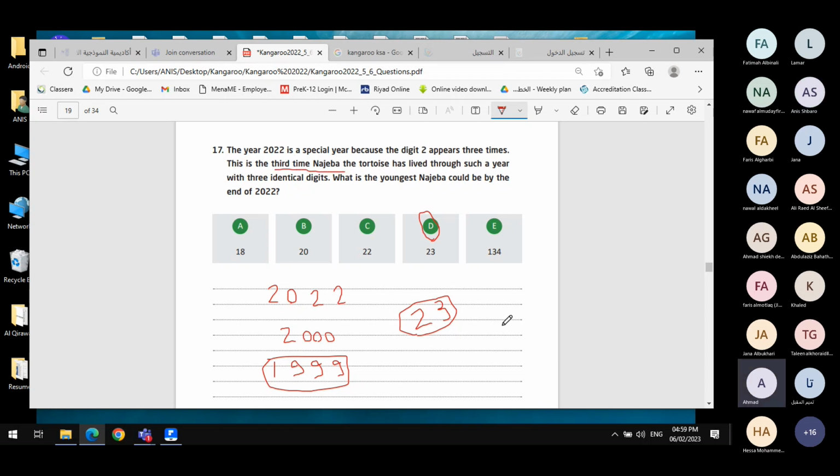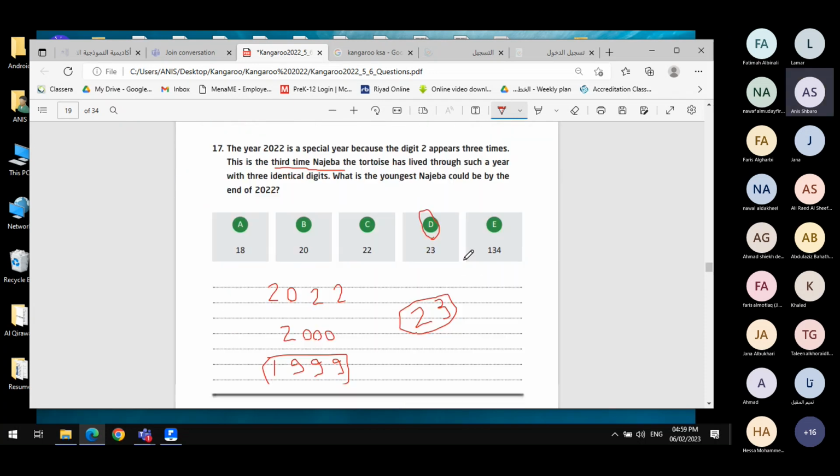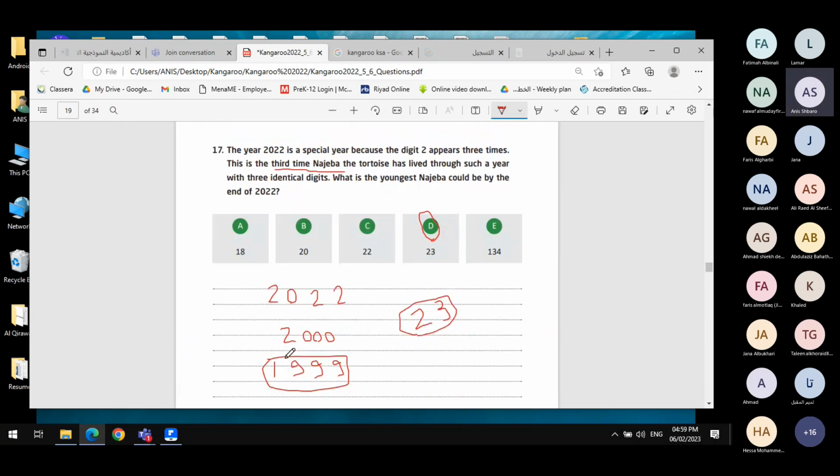If it was the second time, it would be 22 years old. Yes. And by the way, to subtract them quickly, 2022 minus 2000 is obviously 22, and we're going 1 year back, so 22 plus 1 is 23. Okay?